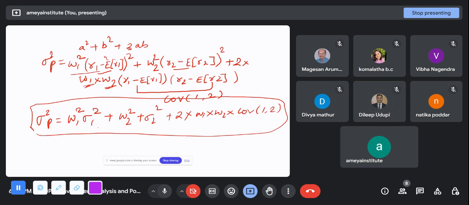Okay. So now if I remove the variance, then it will become the standard deviation.